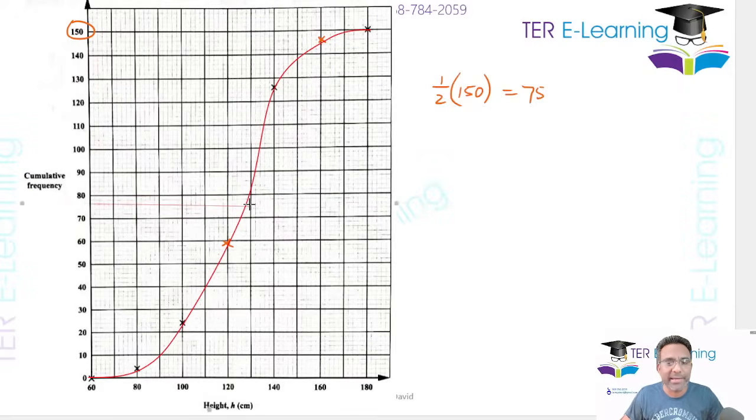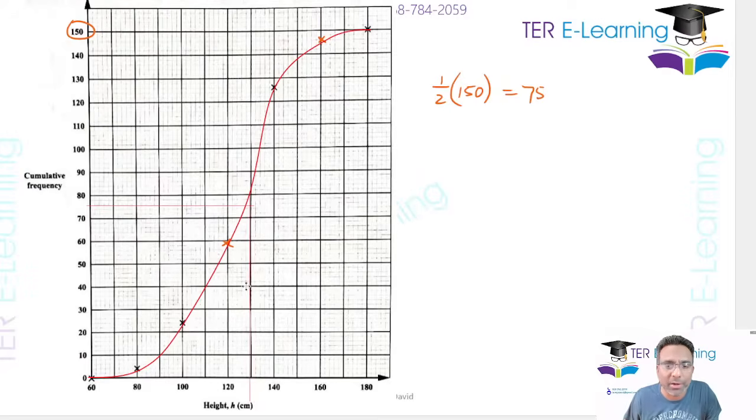Remember, this is an estimate here, so what I'm getting here, you may get something slightly different. So I have something here, but the next thing we need to do, we need to draw a line going vertically now to meet our height axis.